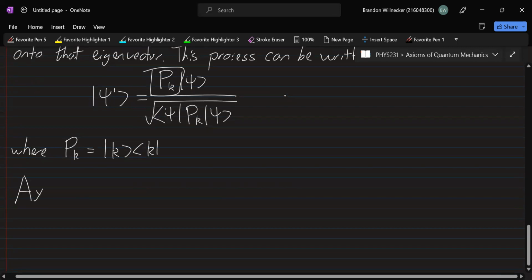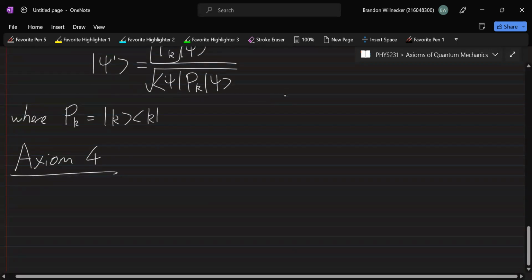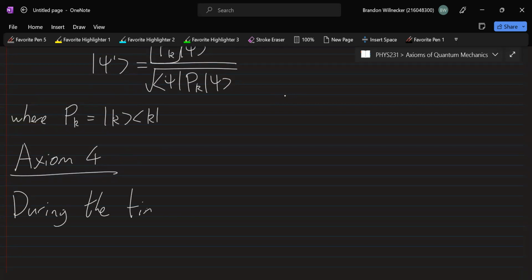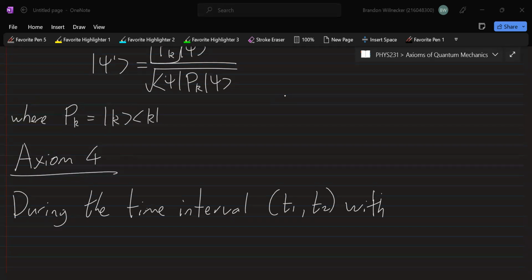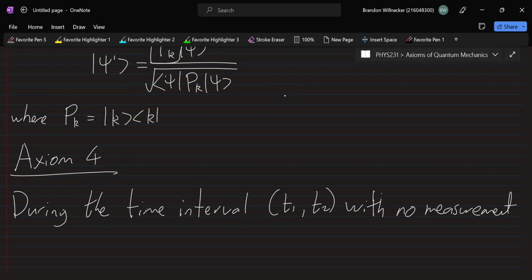So axiom 4: during the time interval from T1 to T2 with no measurement, because measurement is discussed in the previous axiom, the system follows unitary dynamics.